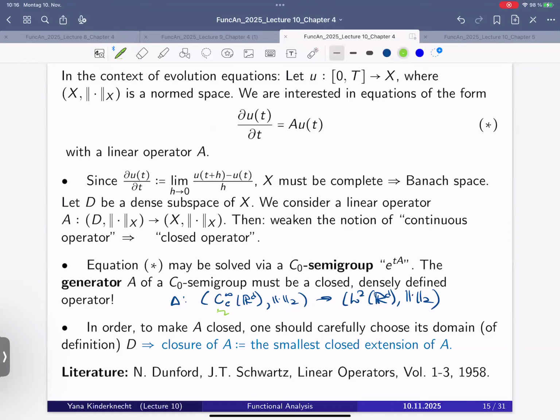Namely, when we close the operator, we extend its domain of definition to this set. Okay, so as I said, it may happen that if we start with a very small domain of definition, it is not possible to close properly, or there exist several different closed extensions which are, so to say, not comparable with each other.